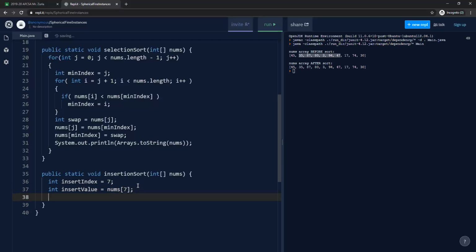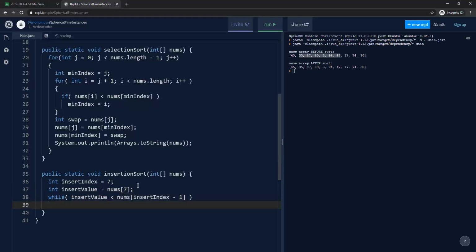What I would then attempt to do is to start comparing that value to values to the left of it. So we could do that in a while loop. Is this insert value smaller than the number found 1 to the left of where it currently is? So take that insert index, 1 away from it.